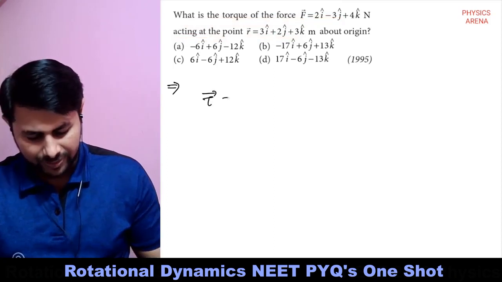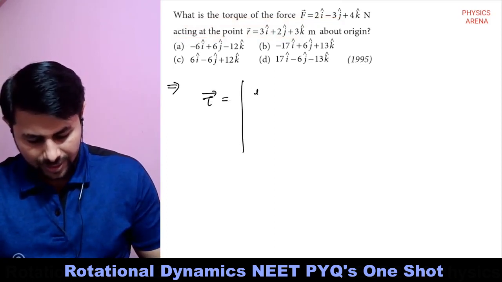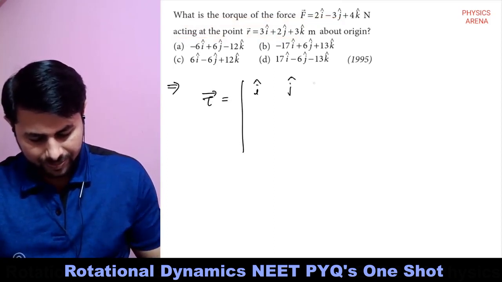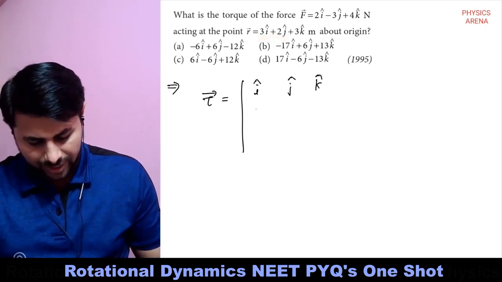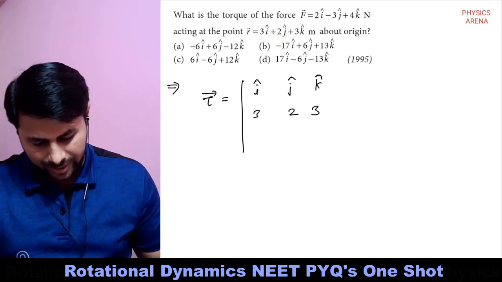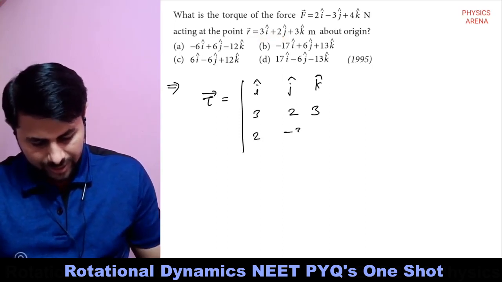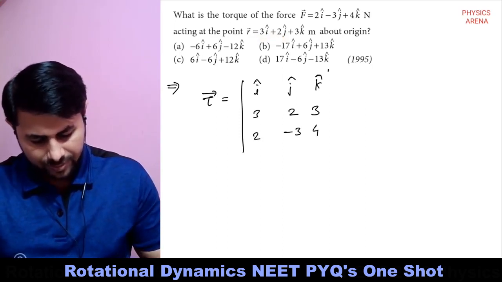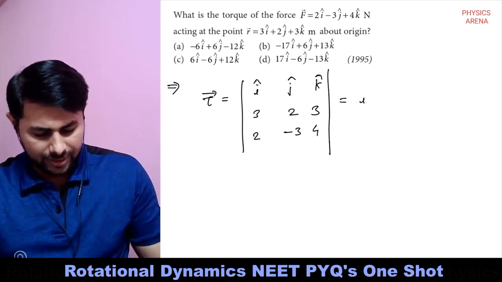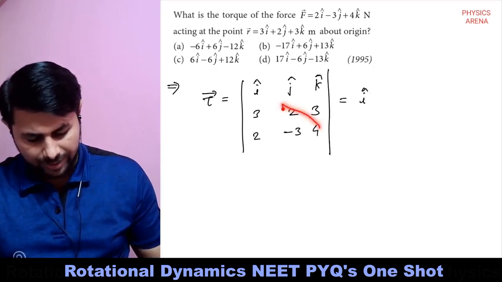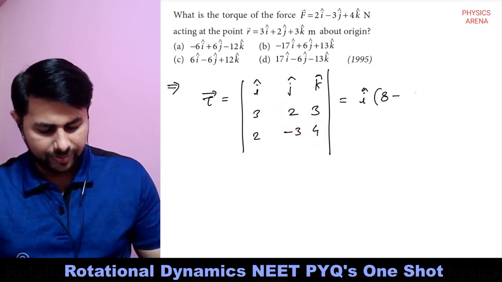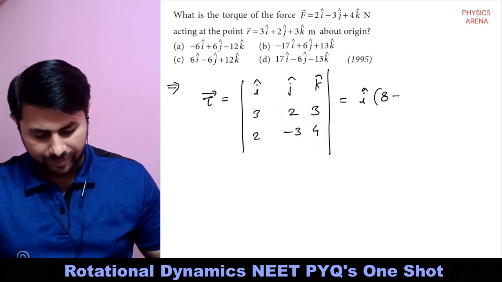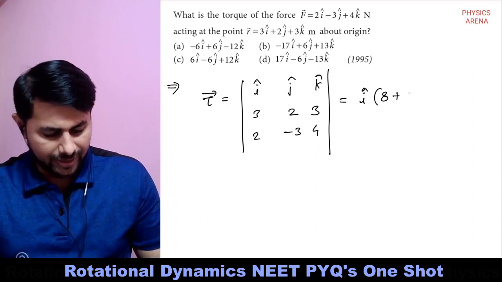Torque is equal to R cross F, so I cap J cap K cap. Then R bar is 3, 2, 3, and force is 3, 2, 3, and 2, minus 3. Right. Then this K cap multiplied by 2 times 4. It's 8 minus 9. Okay, minus 3 times 3, minus 9.